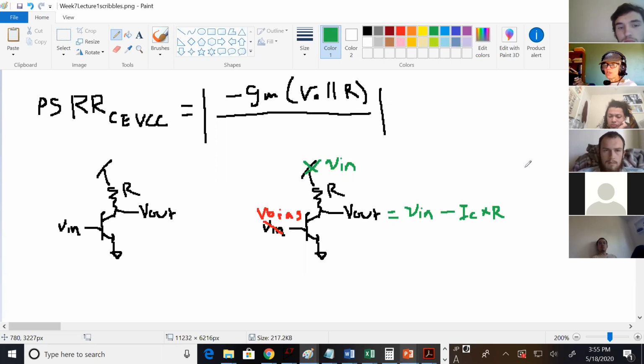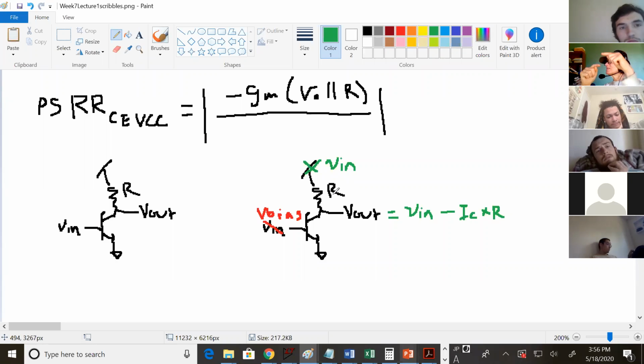And so how much does V out move when V in moves? It moves by IC R. Okay, let's say V in moved by 0.1 volt. Does it move the same? They move the same, because it's this transistor that determines the current. So you've got IC going through your resistor.